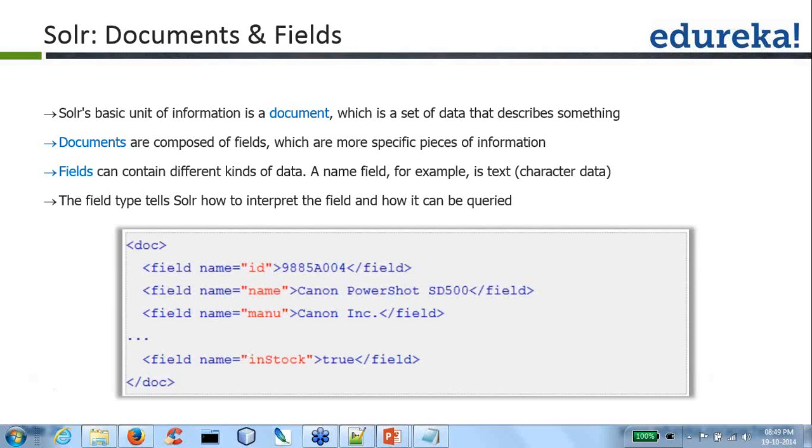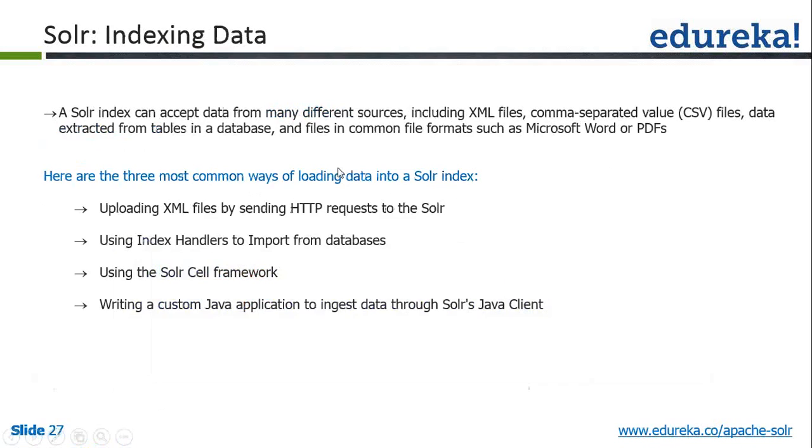Inside that you can have field name and the value of it. Most of the time it will be name-value pairs. So if you notice, this is a document and a list of fields. In the field it is a name and value.